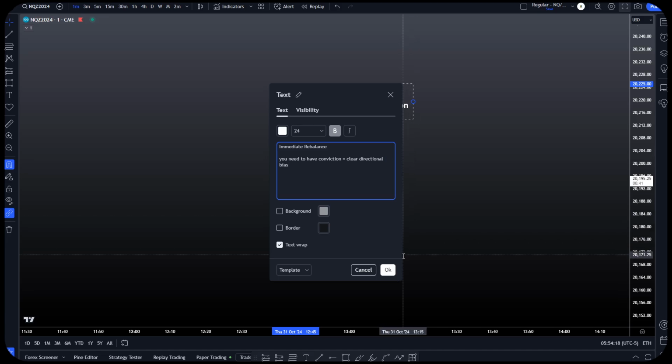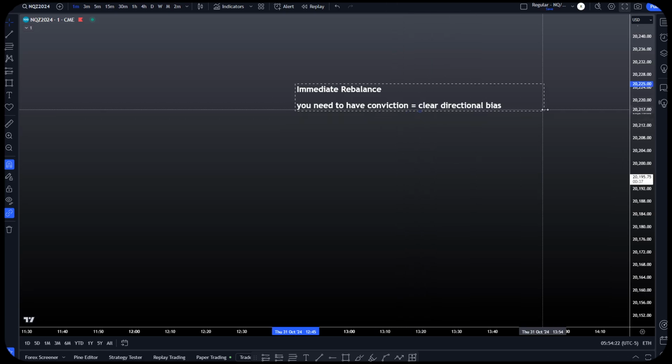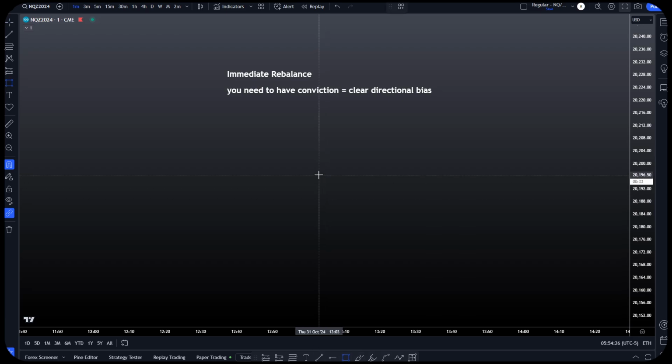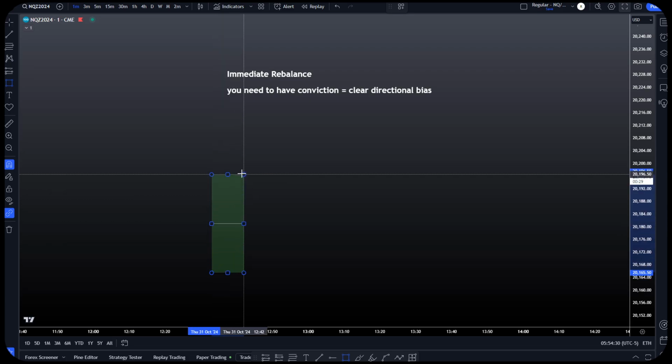You need to have conviction, aka clear directional bias. Only if you have that, this would work. With candles, it would work like this.